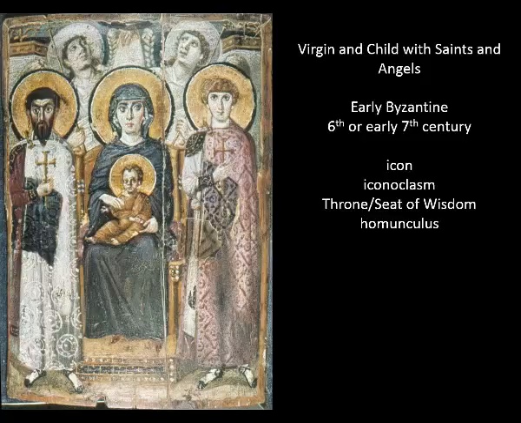Throne or seat of wisdom. The other common feature that we see is the homunculus. The best way to describe homunculus is man baby. You can see that Jesus looks like a little man, kind of wrinkly. He certainly has a receding hairline. Man baby. The homunculus is very, very common in Christian art, at least through the Renaissance. And it originates in the Byzantine period, both the throne of wisdom and homunculus.